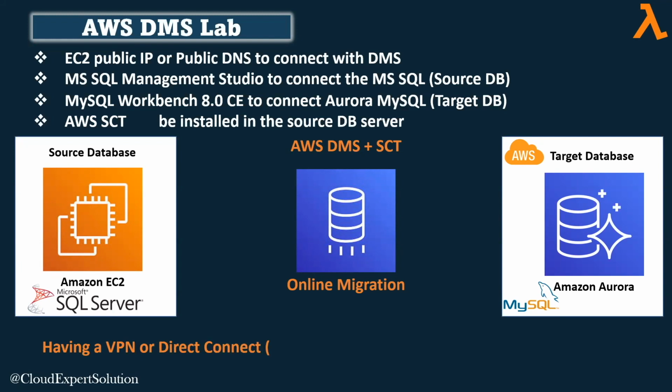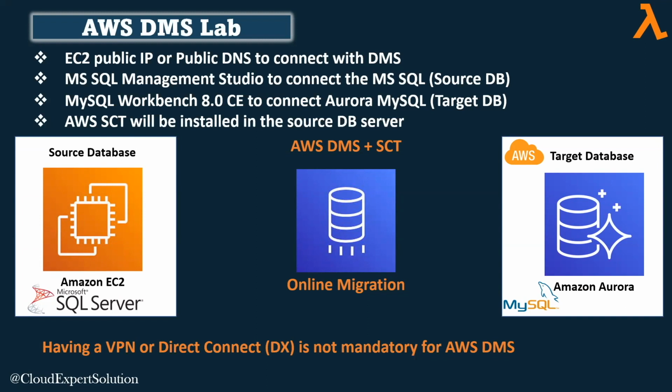One important point for this entire demo: to use AWS DMS, you really do not need a VPN connection or Direct Connect. We are going to use public IPs, the public internet connection, to migrate the data. If you have secret data and your organizational compliance requirements restrict you from going over the public internet, in that case you may use a VPN or Direct Connect.